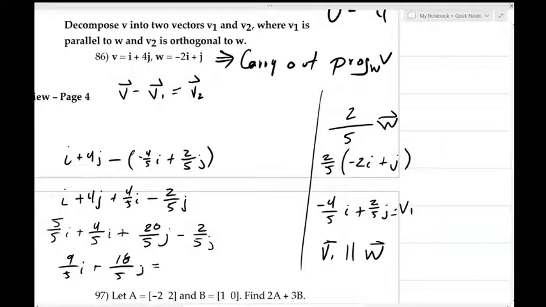And that will be equal to V2, which is the vector that's orthogonal to W. Okay, so hopefully you were able to follow that through, and just understanding the two different pieces that go into figuring out the vector parallel and the vector orthogonal. Okay.